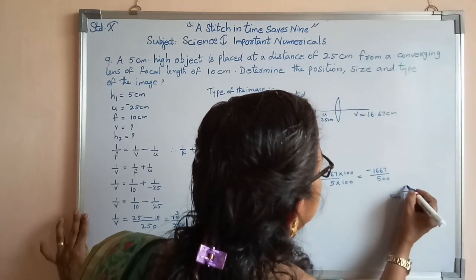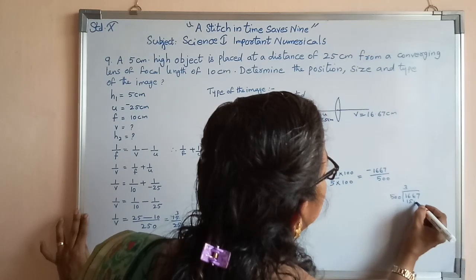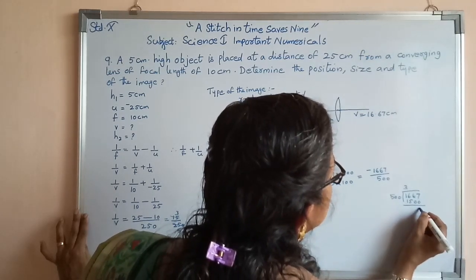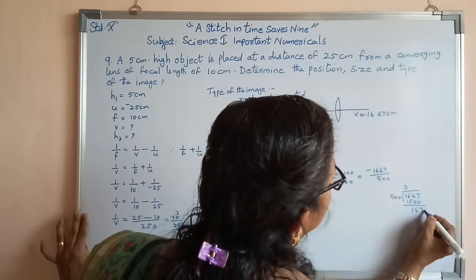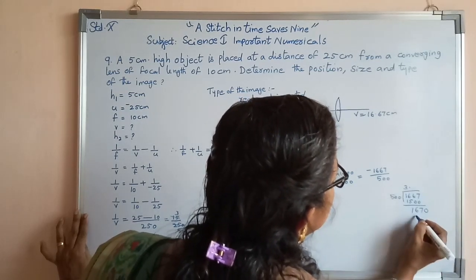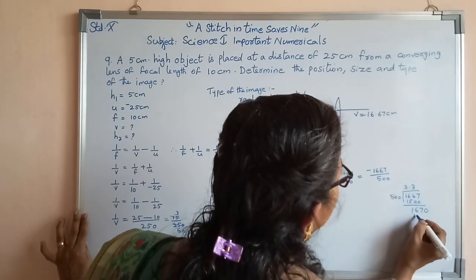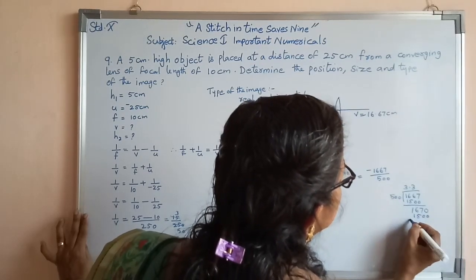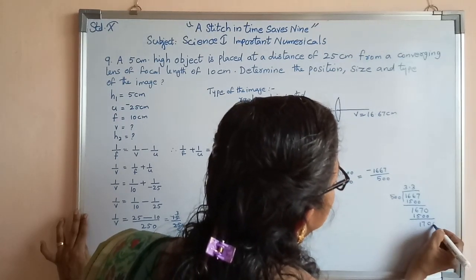1667 is there. In that 5 will go 3 times. 3 fives are 15, then 00, 7, 6, 1. Now we will put a 0 from outside, so here 1 decimal. In that again 3 times it will go, 1, 5, 00, here 0, 7, 1. Now we put 1 more 0.